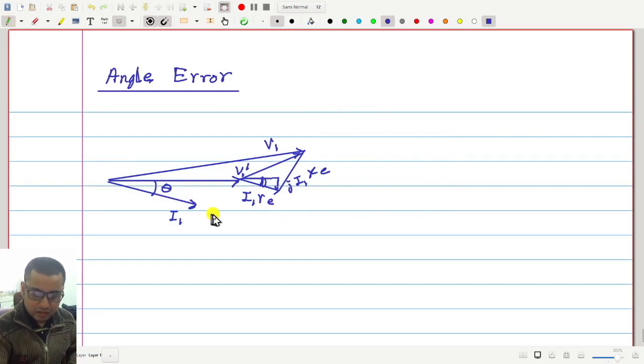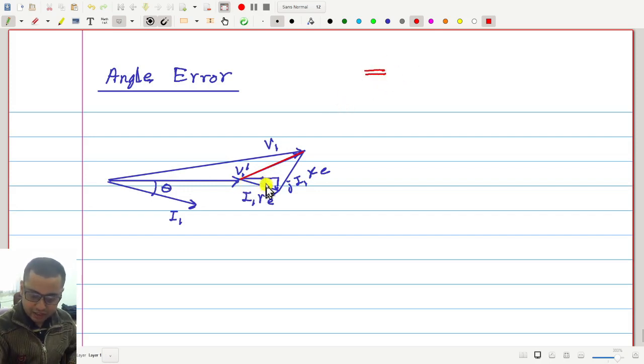Okay, so now this is the voltage drop, and this is the measured value, this is the true value. Now we have to find out the component of voltage drop in the direction perpendicular to the measured value.